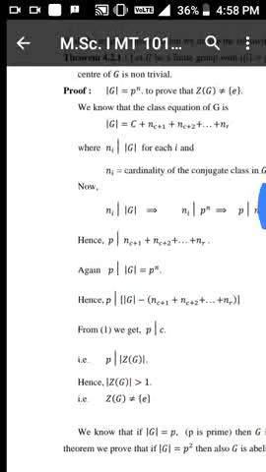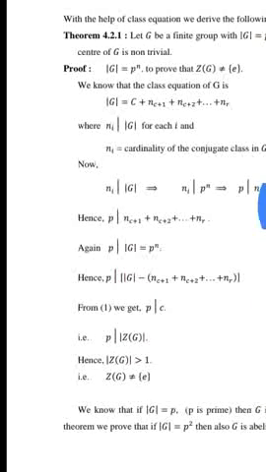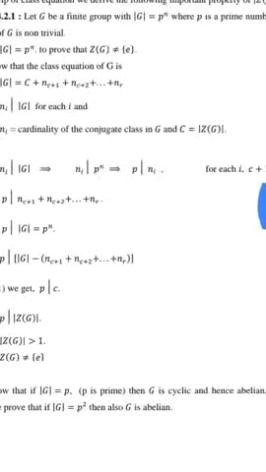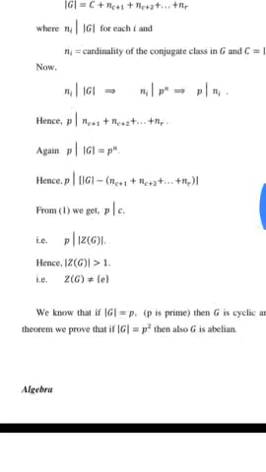Suppose that the cardinality of G is equal to p raised to n. To prove that Z(G) is not equal to the singleton {e}, we know the class equation: the cardinality of G is equal to c plus n(s+1) plus ... plus nr, where ni divides the cardinality of G for each i, and ni is the cardinality of a conjugacy class in G. Since ni divides the cardinality of G, ni divides p raised to n, therefore p divides ni.